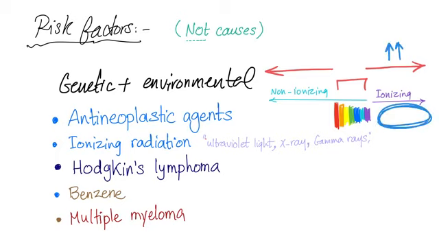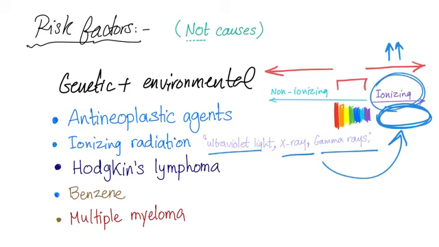Stuff here in the ionizing radiation include ultraviolet light, X-rays, and gamma rays. These are ionizing radiation. When we're talking about cancer, ionizing radiation is more dangerous than the non-ionizing radiation. I'm not saying that these are completely safe. I'm just saying these are more dangerous.